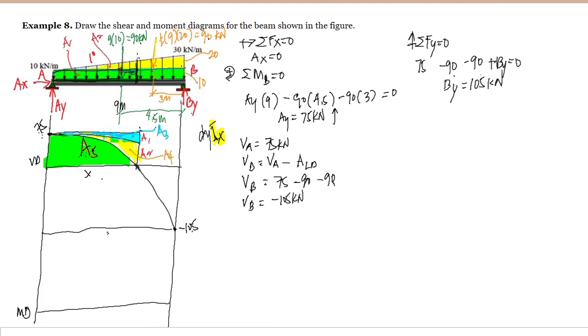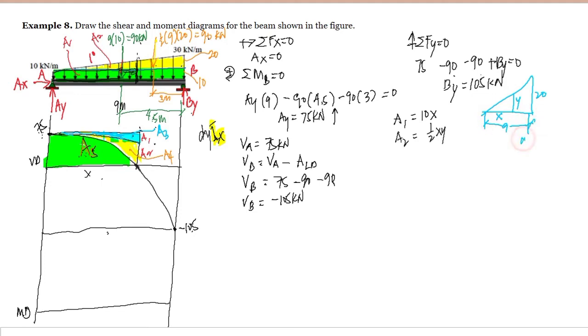If area 1 is equal to 10 times x, so this is 10x. And for area 2, that is 1/2 xy. By ratio and proportion, if this is 20, this is y, this is x.